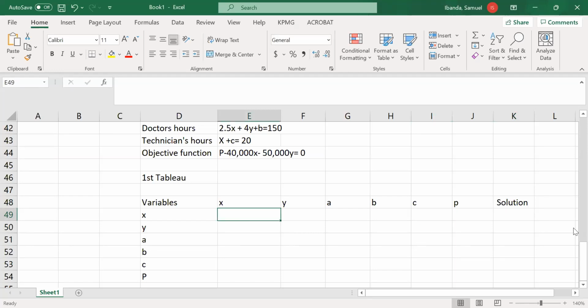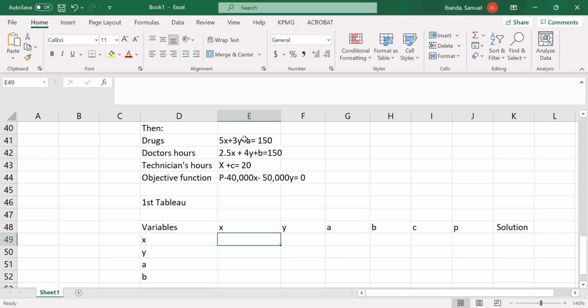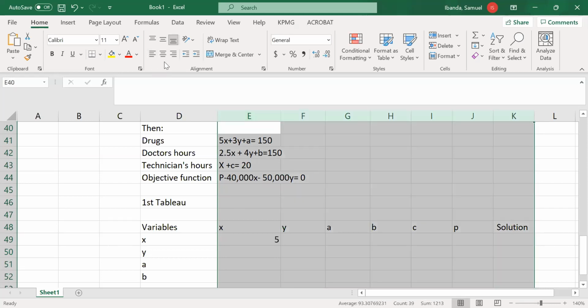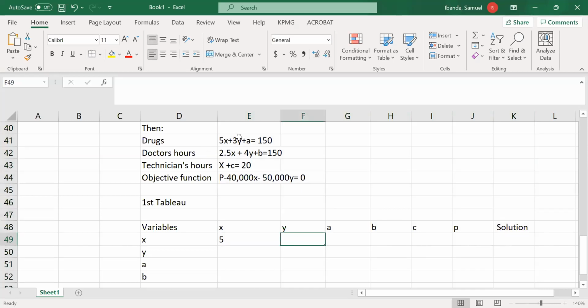So let's just try to distribute this in. We have the first equation. Under X, we have 5.